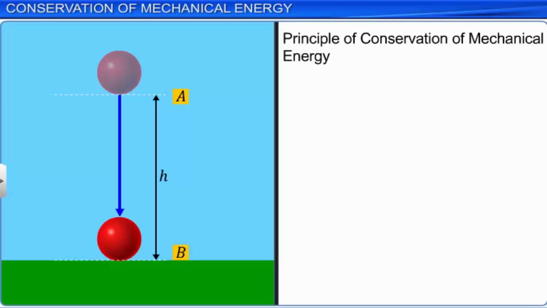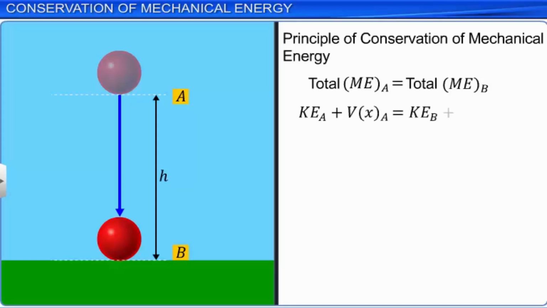That is, the total mechanical energy at A is equal to the total mechanical energy at B. Or KE A plus V of x for A is equal to KE B plus V of x for B. Let this be equation 5.